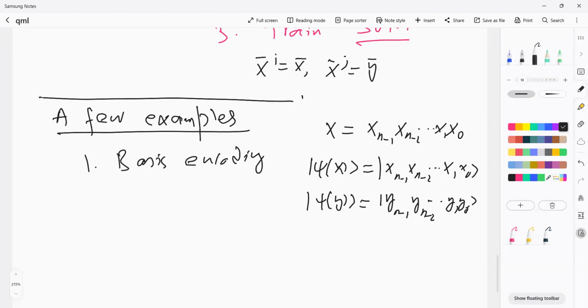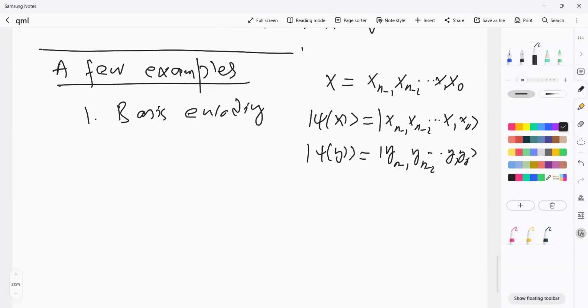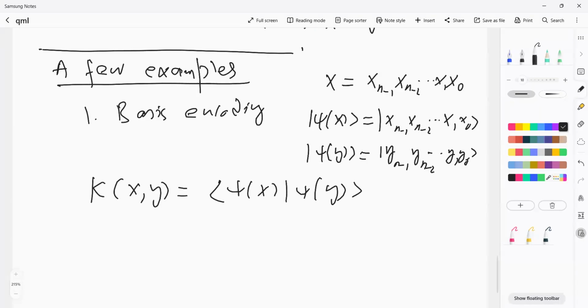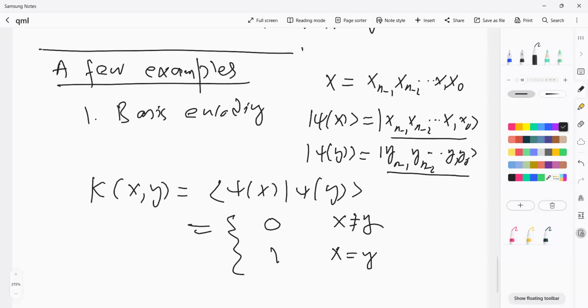So what's going to be the kernel for this feature map? The kernel is the inner product of these two states. And we can easily see the inner product would always be 0 if x is not equal to y, and will always be 1 if x is equal to y, because these binary states in quantum mechanics are orthogonal. They form an orthogonal basis of a Hilbert space.